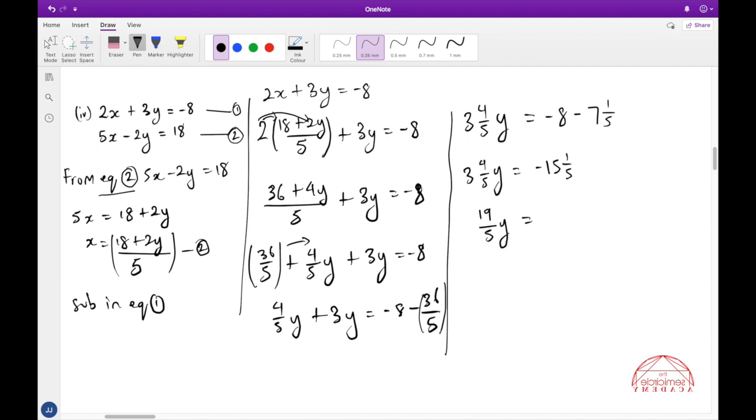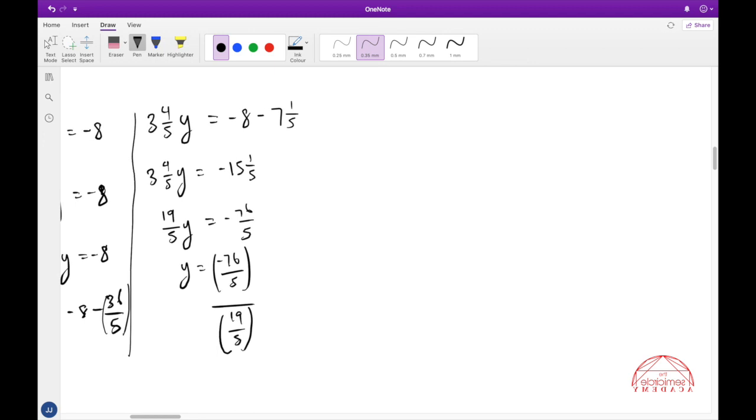So 15 times 5 is 75 and 1 is 76. So that's negative 76 all over 5. So now y is going to be equal to negative 76 over 5 divided by 19 over 5.